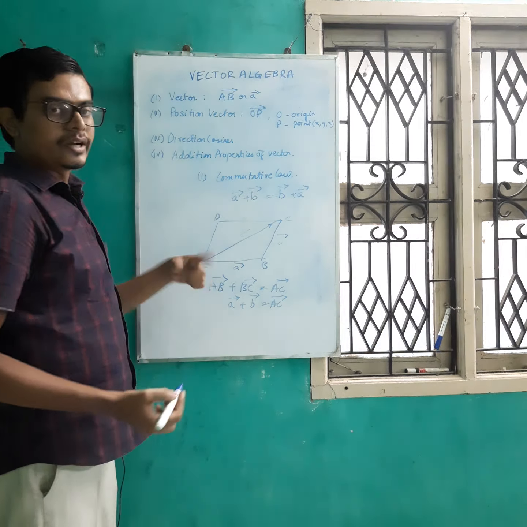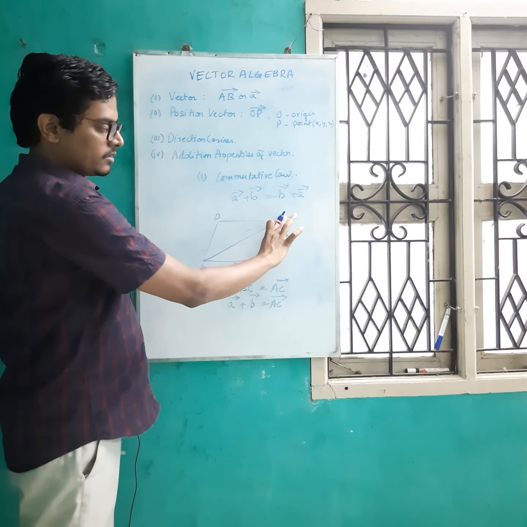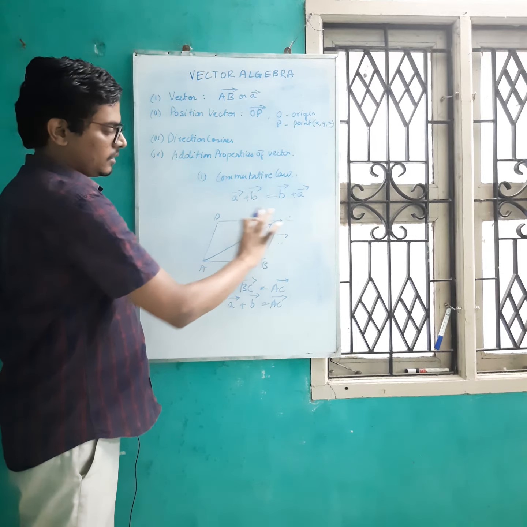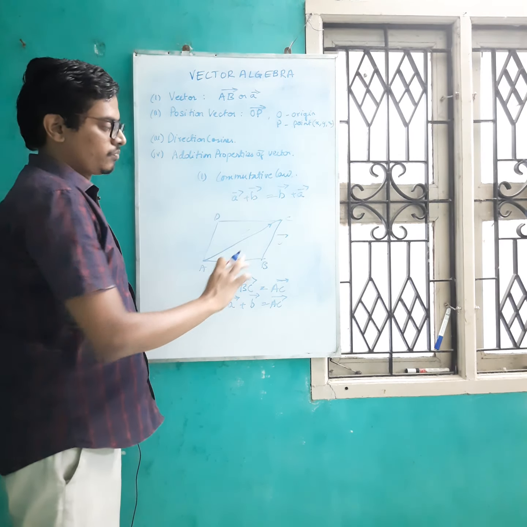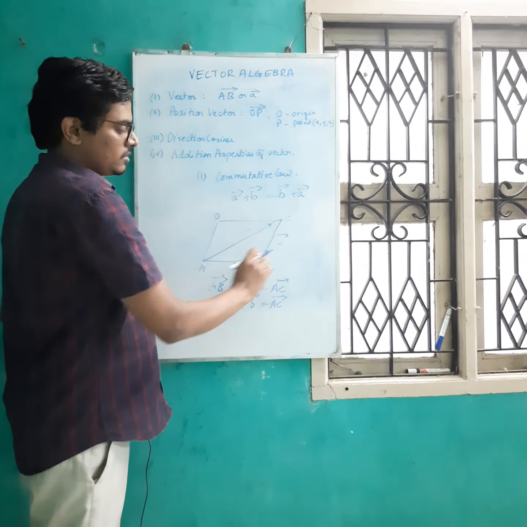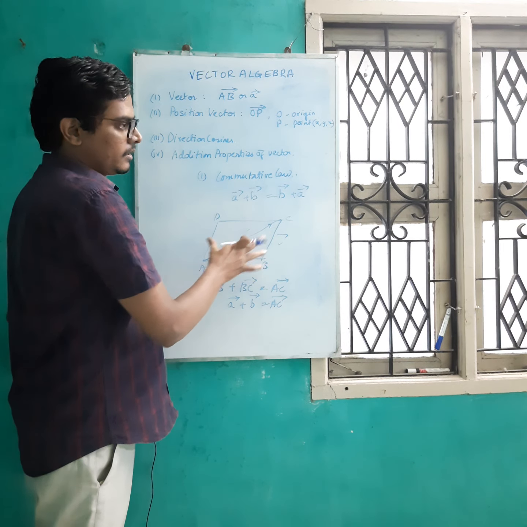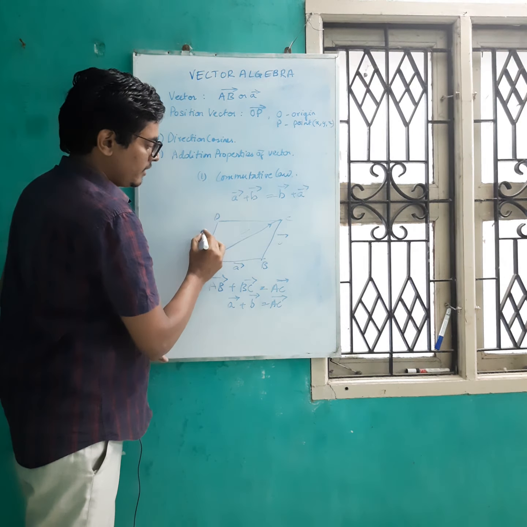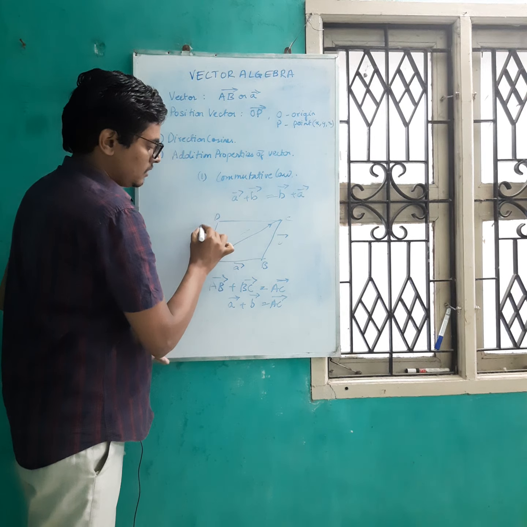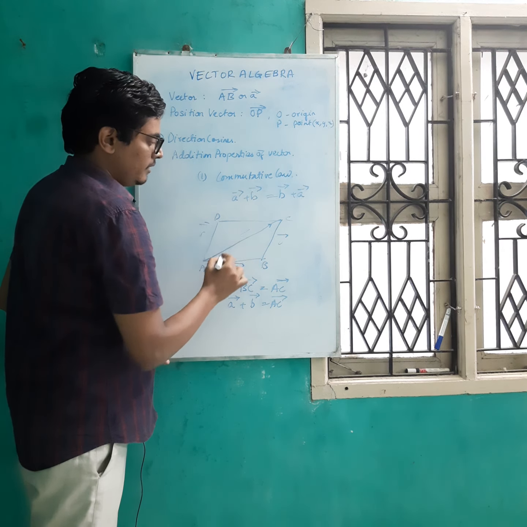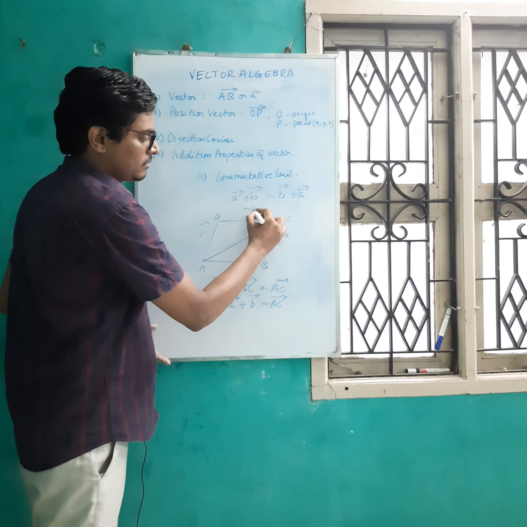We can also write it as, BC vector and AD vector are same because they have both same direction and magnitude. So we can write this as B vector and DC as A vector.